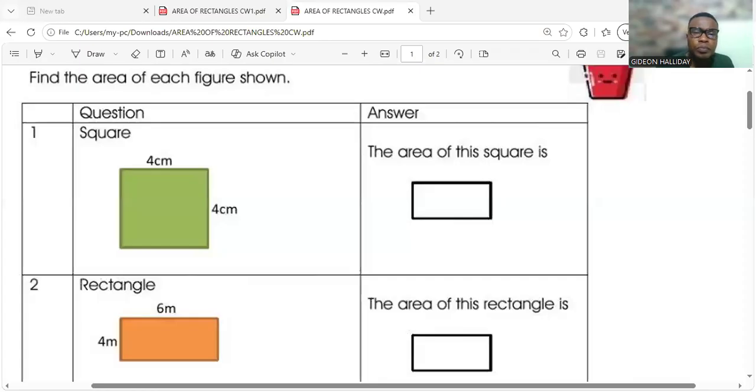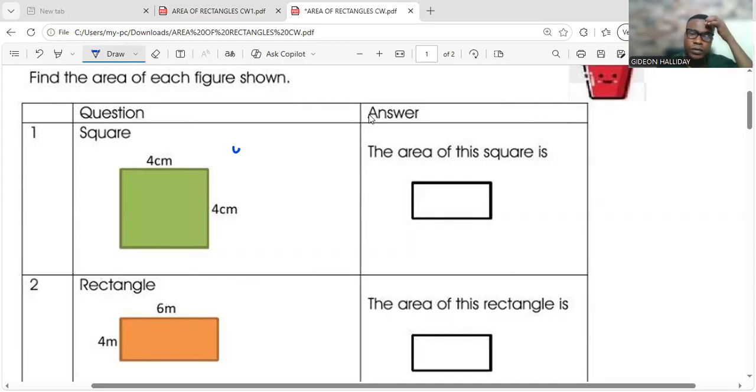Now here you have to read the instruction first. It says find the area of each figure shown. I'm going to be writing from here so I can move down. So this is a square.